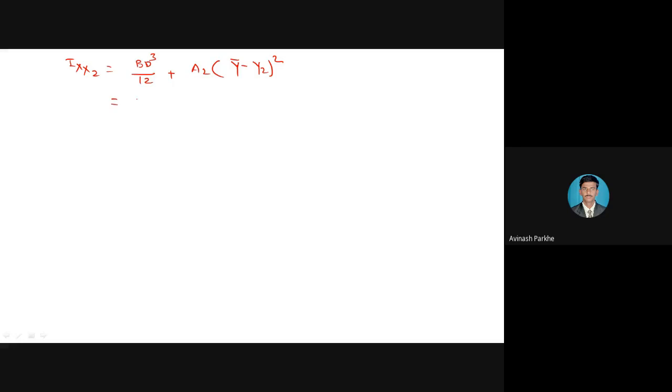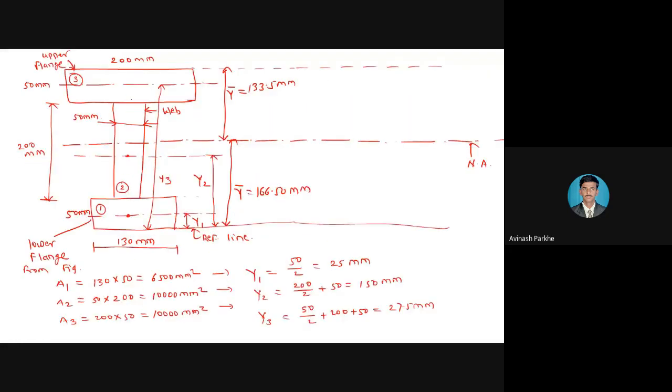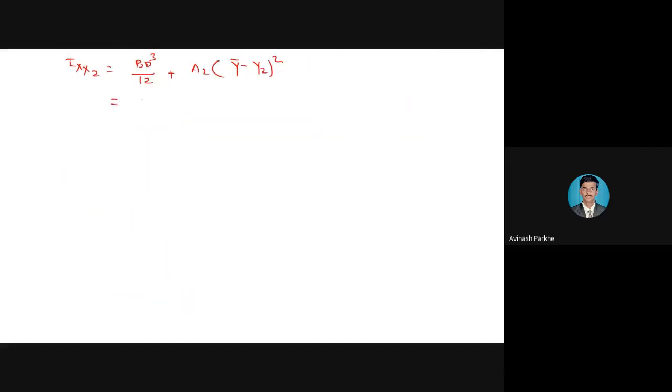So capital B of section number 2? 50. Capital B means horizontal distance and capital D means vertical distance. For section 2, capital B is equal to 50.